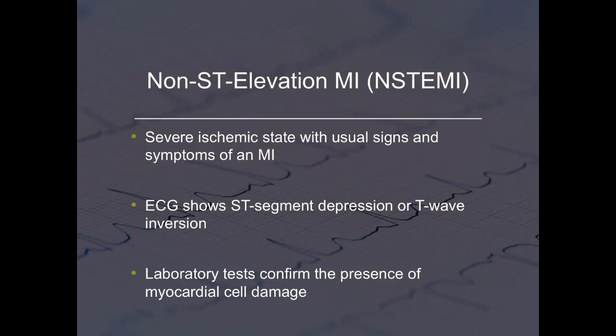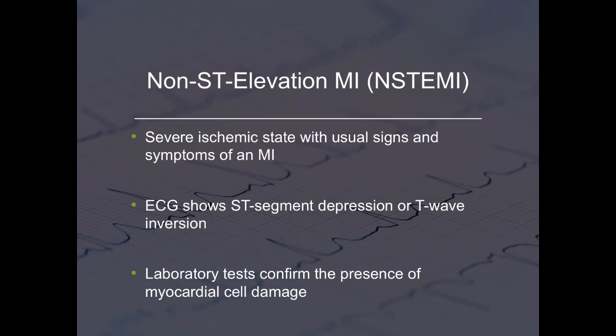So this severe ischemic state, this infarction state, injury state, has typical signs and symptoms of an MI: chest pain, diaphoresis, nausea, vomiting, maybe some shortness of breath, maybe some dizziness. But when we take our 12 lead, it doesn't show any elevation.